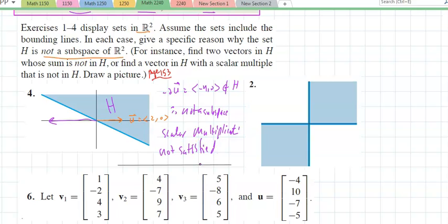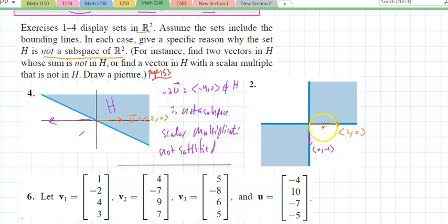So there are many ways you could do this. You could have picked 1, 1, multiply it by -1. It would be -1, 1. That wouldn't work. You could say on number 4, let's do addition. This is vector 2, 0, and this is vector 0, -1.